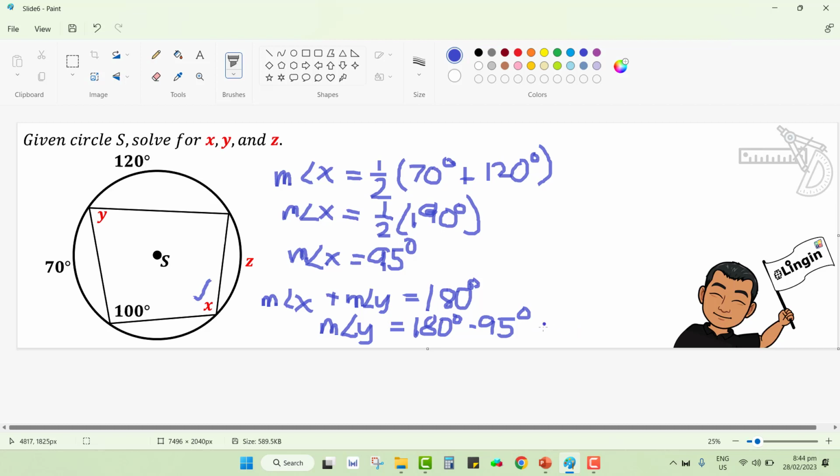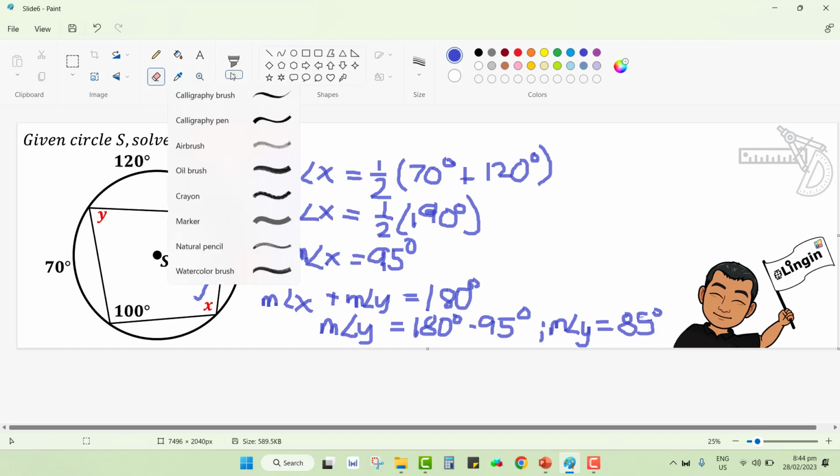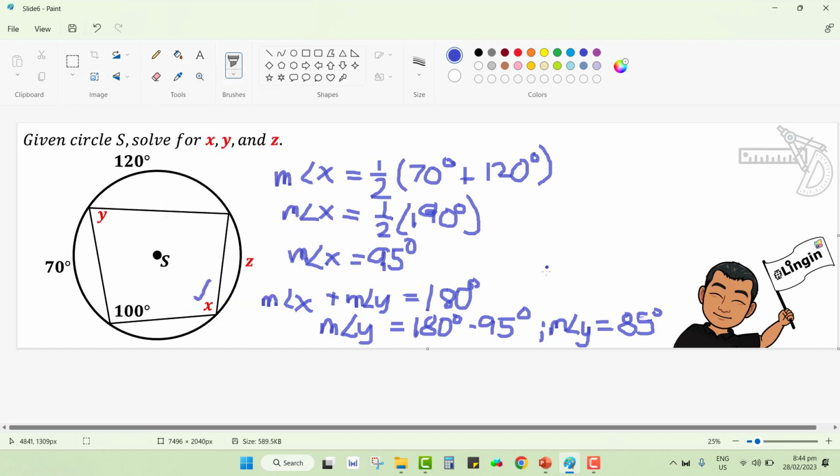This would mean that the measurement of angle y is equal to 85 degrees. What we use again here is the concept that whenever you have an inscribed quadrilateral, the opposite angles are supplementary.